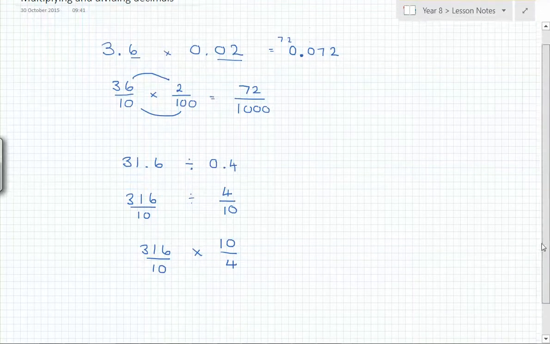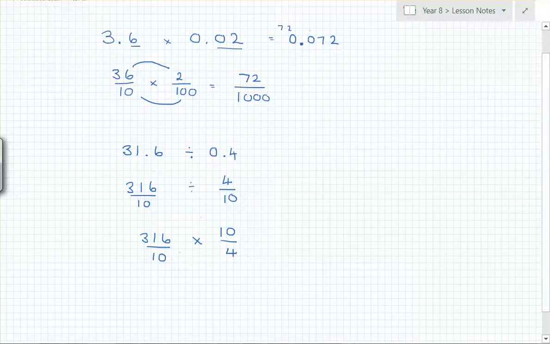Now here's the thing. Because I've got a 10 on the top and 10 on the bottom, this will end up as 3160 over 40, but I can simplify this to just 316 divided by 4. So actually I could have forgotten about the tens and just done 316 divided by 4.